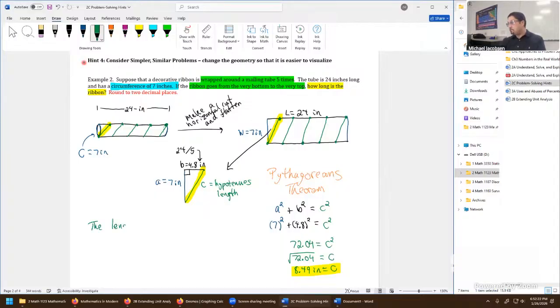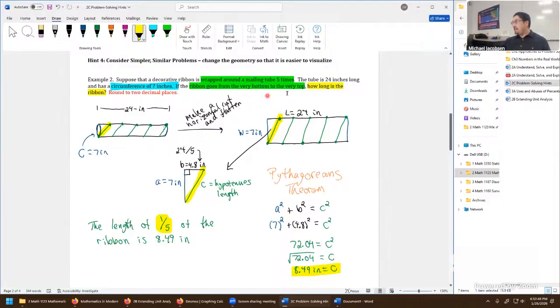The length of 1/5 of the ribbon is 8.49 inches. We're saying 1/5 of the ribbon because this is that piece of the ribbon wrapped around 5 times, but we only found one length, not the total length.